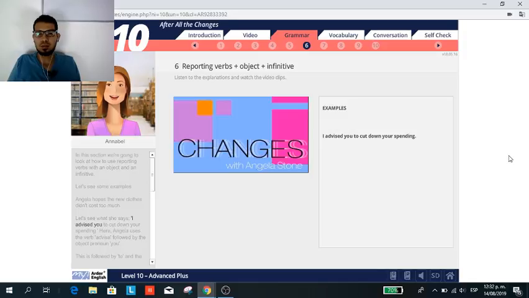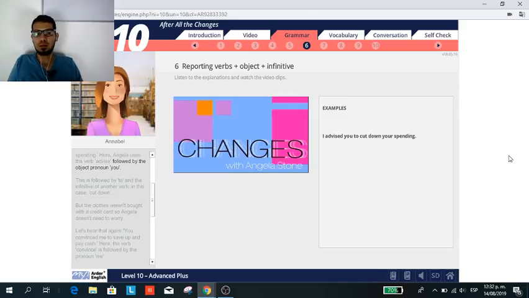Here, Angela uses the verb advise, followed by the object pronoun you. This is followed by to and the infinitive of another verb, in this case, cut down.